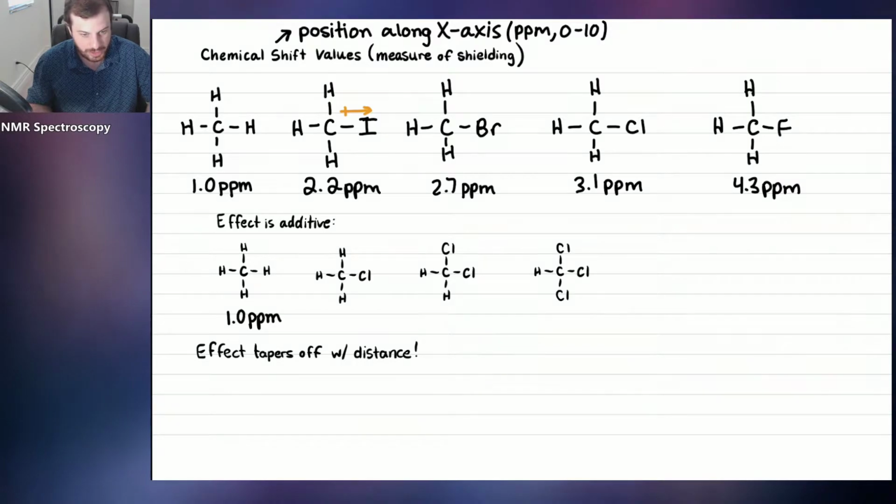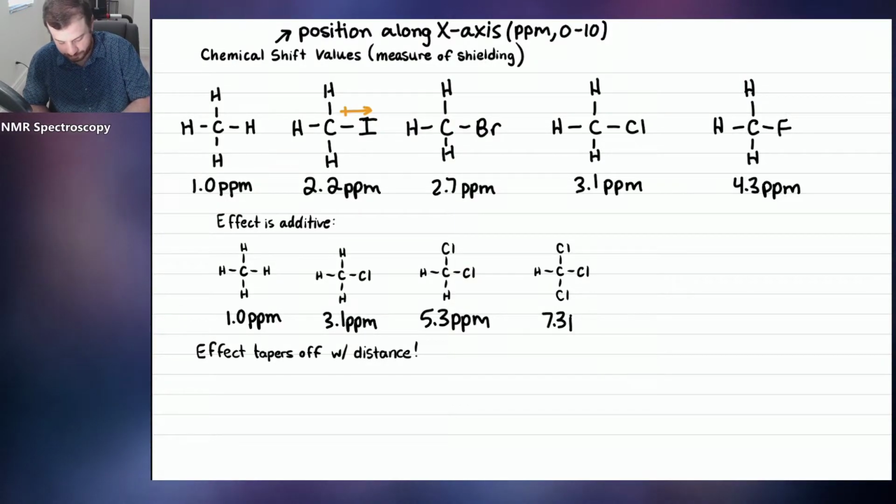With one chlorine, we go to 3.1 ppm as we saw above. With two chlorines, all the way up to 5.3 ppm. And with three chlorines, we're at 7.3 ppm. So each chlorine adds approximately 2 ppm to the proton's chemical shift because each chlorine sucks yet more electron density away from the hydrogen and thus causes it to be highly deshielded.